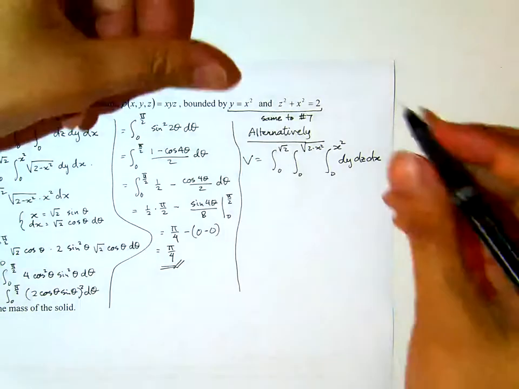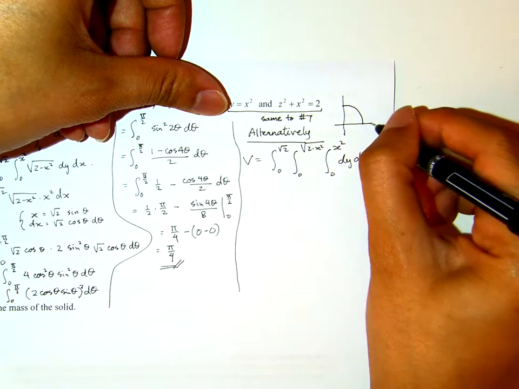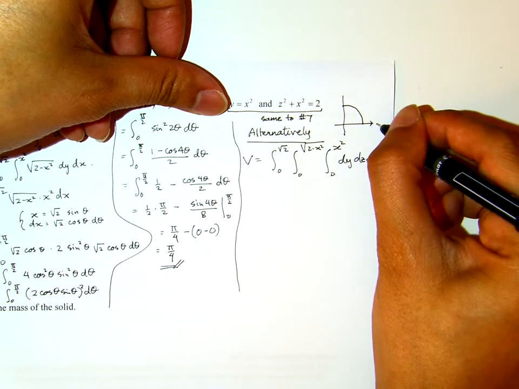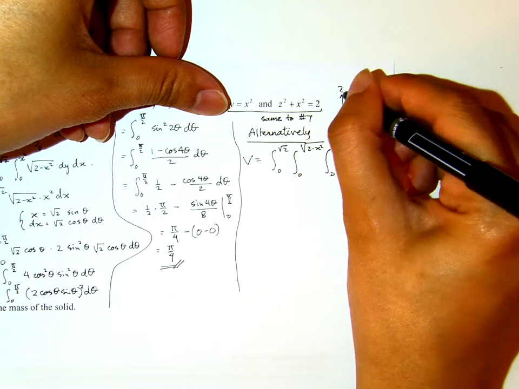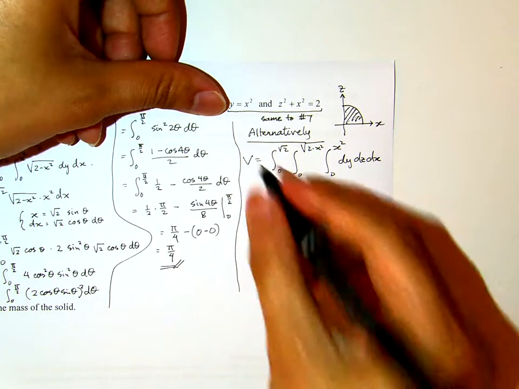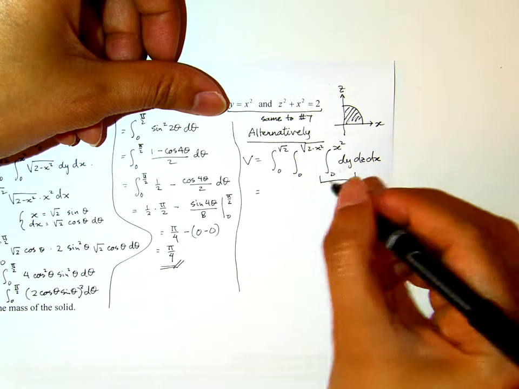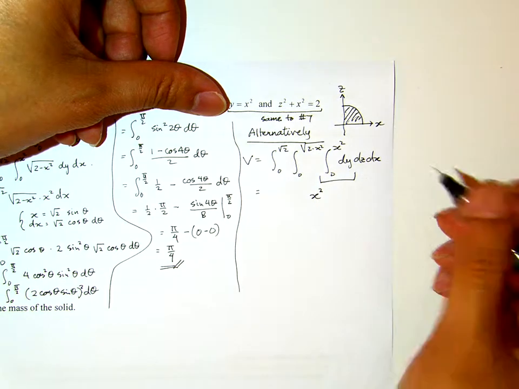Okay, now why do I like that? Because of this. If this is my x and this is my z, you can change this into polar with a certain substitution. Now the one here will be x squared, right?